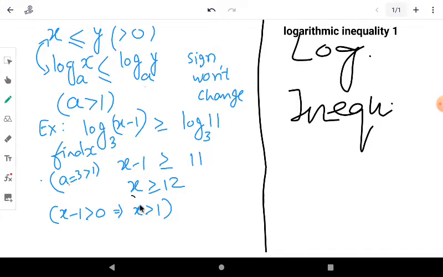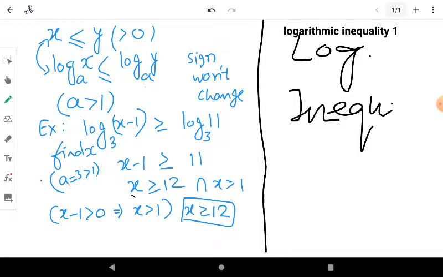Finding the domain of logarithm means equating the argument greater than 0. So x greater than 1. If you take the intersection of x greater than 1 with x greater than or equal to 12, you will get x greater than or equal to 12 only, which is the answer.